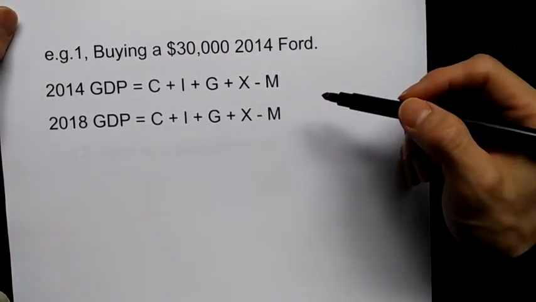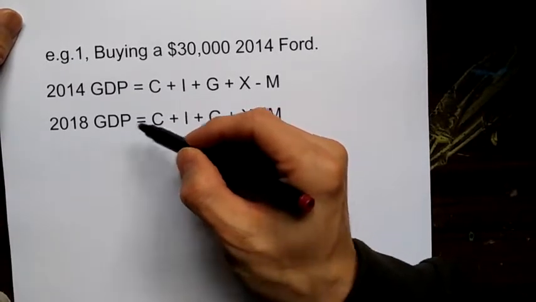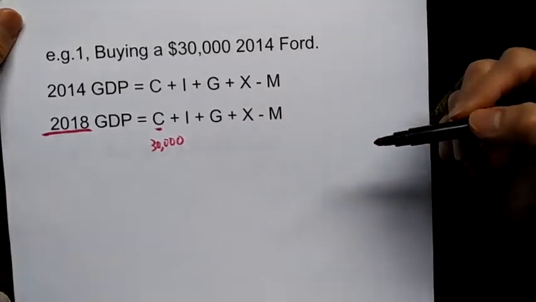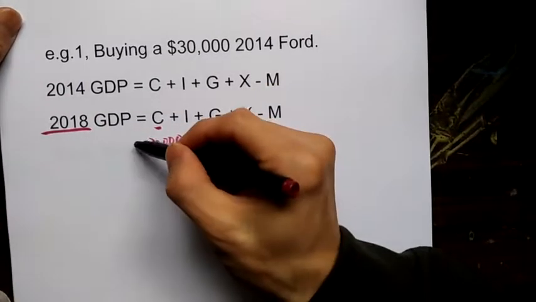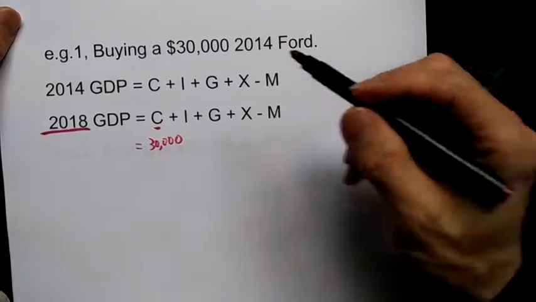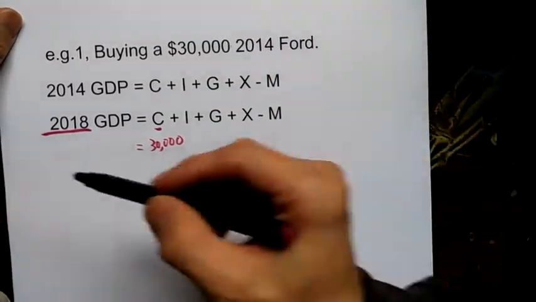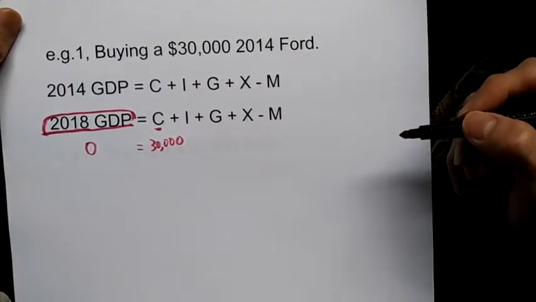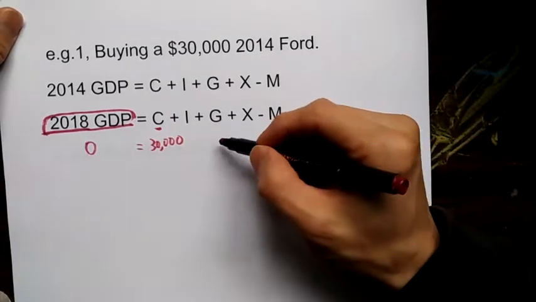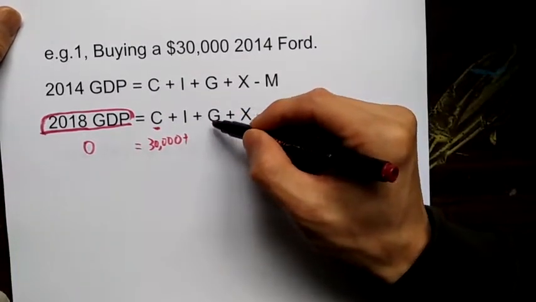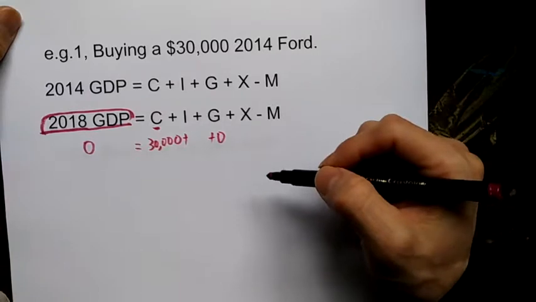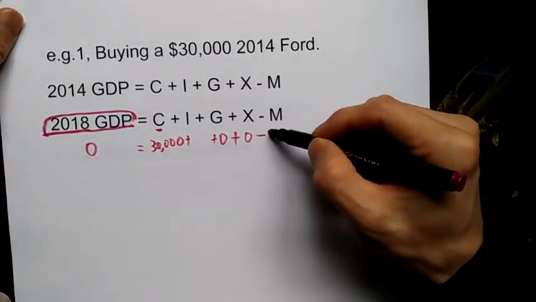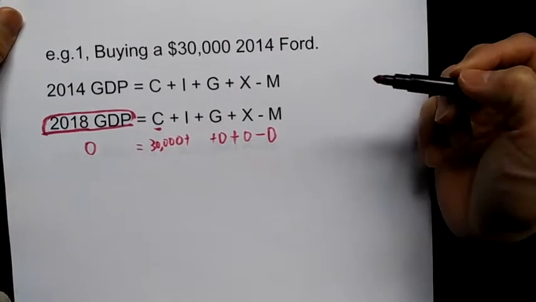Now, you buy this car in 2018, right? So the household expenditure is $30,000. However, these $30,000 should not be included in 2018 GDP. Therefore, it is 0. Is it purchased by government? No, it is purchased by you. Is it exported? No, it is not an import. So what happened?